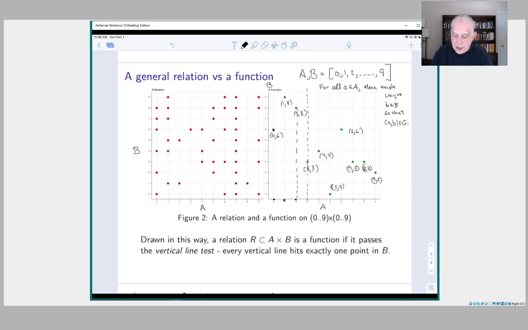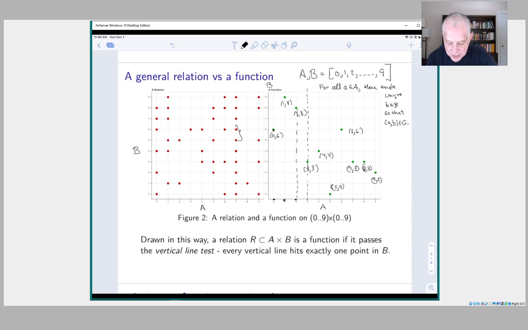It has to hit a point because the condition is that for every point in the domain there exists a point in the codomain, but that point has to be unique. If we look at the relation by way of comparison, it's still true that for every point in the domain, there exists a point in the codomain. So that part's okay, but the problem is that there are multiple such points.